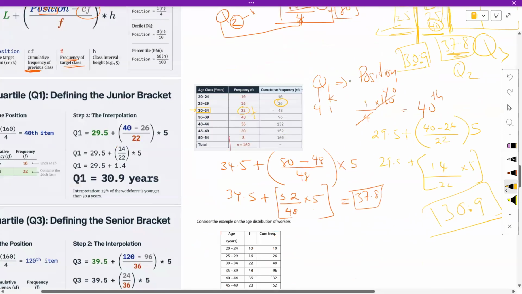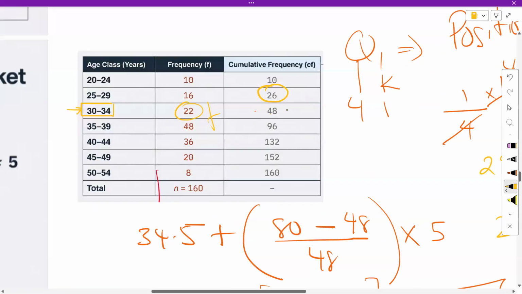Then from this data set, what is the model class? 44. Yes, very good. The lower boundary is 39.5, the frequency is 36, the cumulative frequency is 96 and the class width is 5.